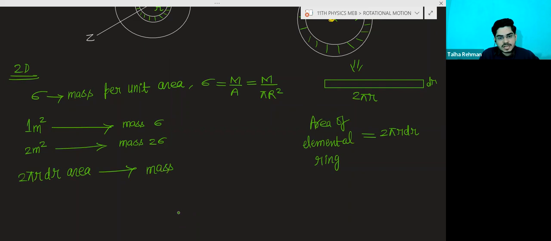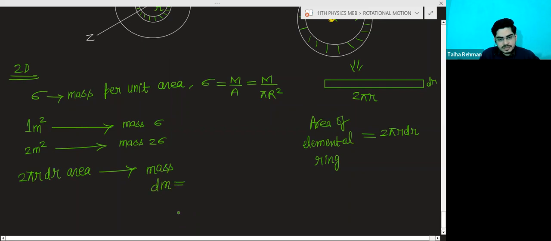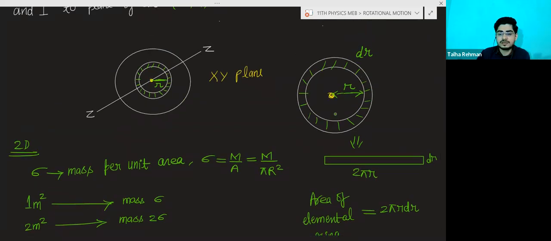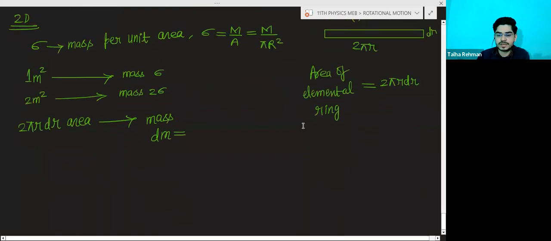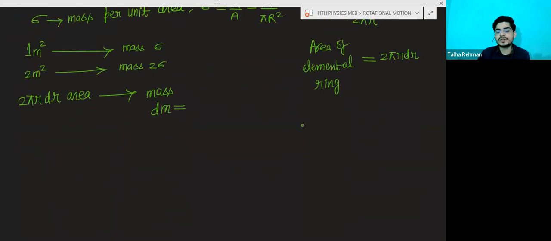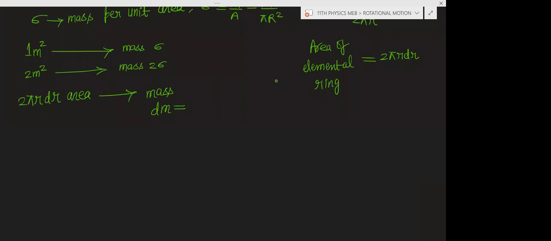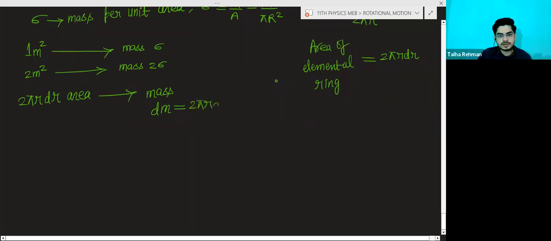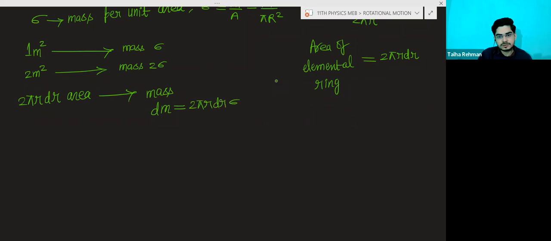The mass will be dm. You have to assume a very small mass. What will be the value of dm? Just tell me fast. 2 pi r dr sigma. Very good. dm is 2 pi r dr into sigma.